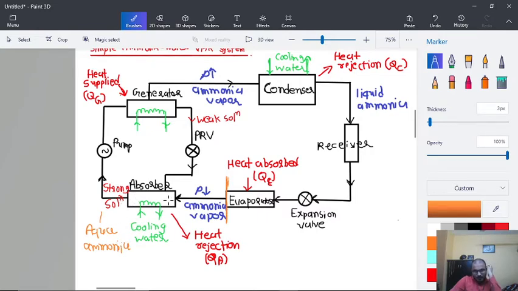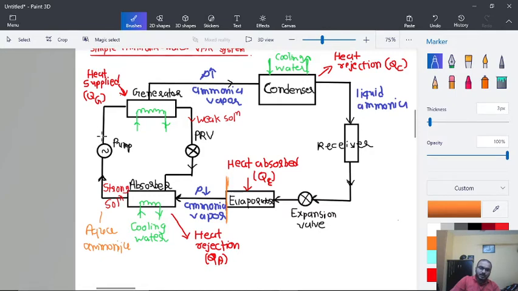Now what happens is that because of this sucking, this absorption of ammonia will lower the pressure of this combination, so it will further suck more ammonia from evaporator, and because of this the temperature here increases. So for this we need to provide some cooling water so that the temperature gets reduced, and this strong solution is pumped to the generator.